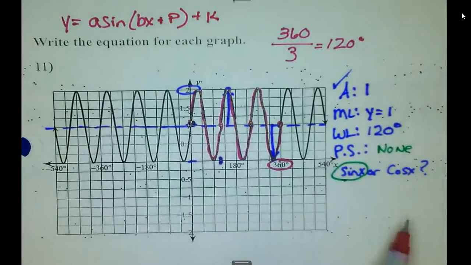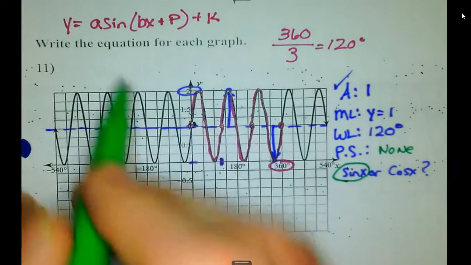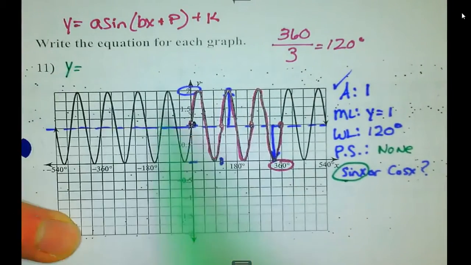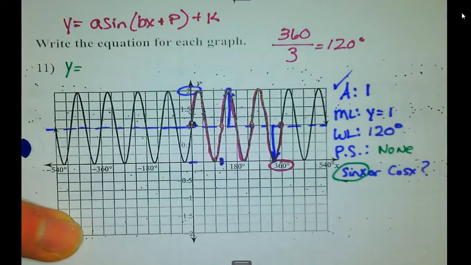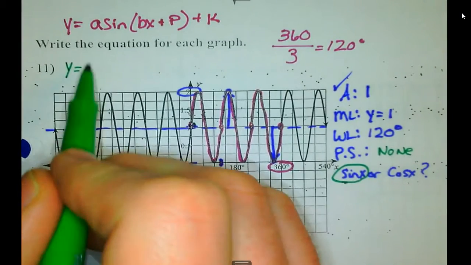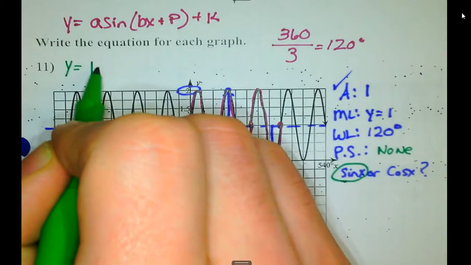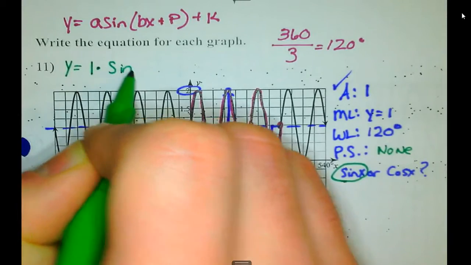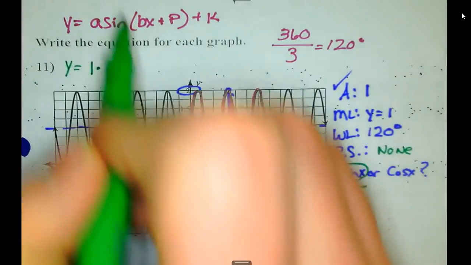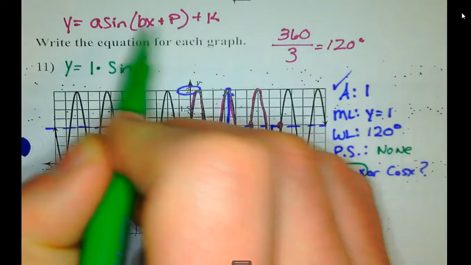So we don't have a phase shift in our equation, so we'll worry about A, B, and K. A is 1. You can write it in for A, but if you leave it out, it's implied that it's 1. So you could write 1 times sine, because we said that it's a sine curve, of B.